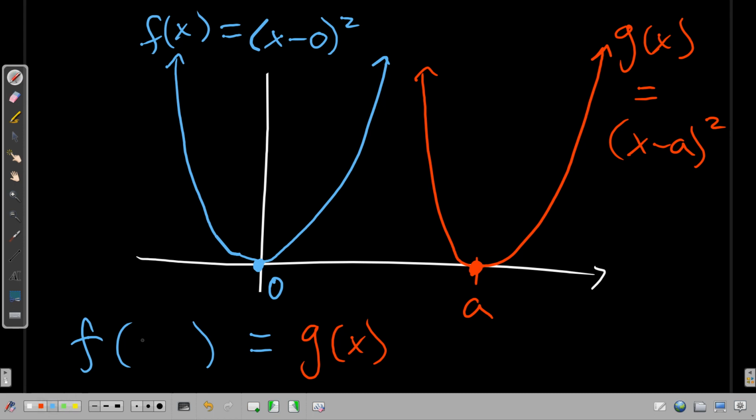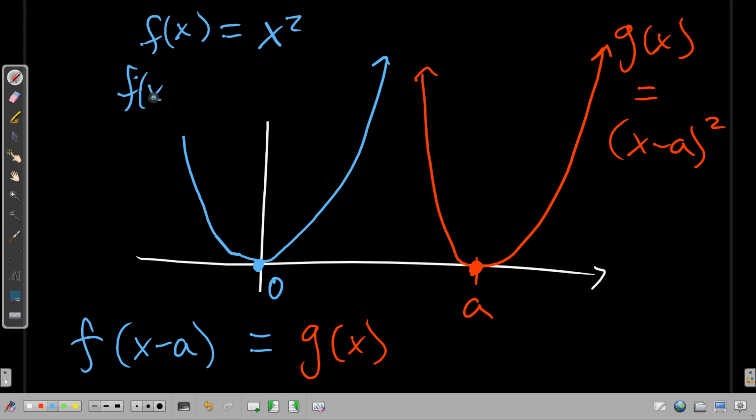Then it would stand to reason that all I should substitute into the function f is x minus a. If I put the value x minus a into the function x squared, then it would say x minus a quantity squared.